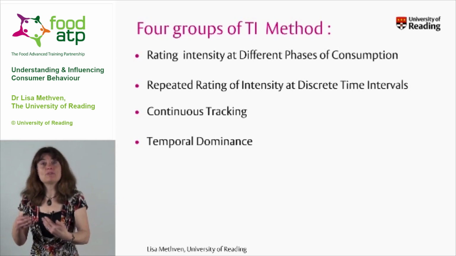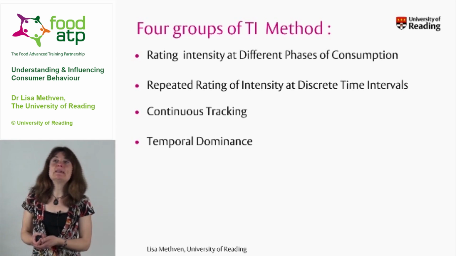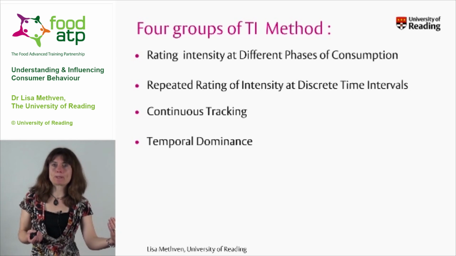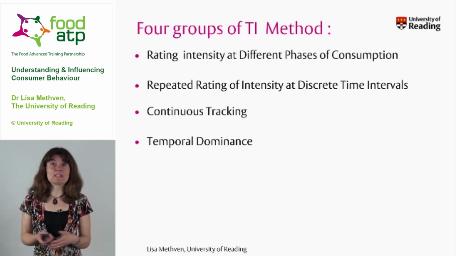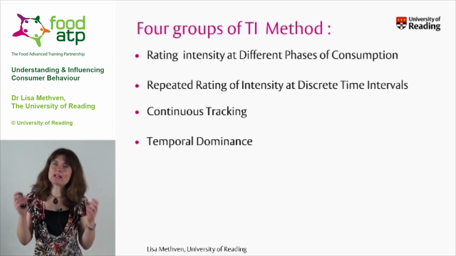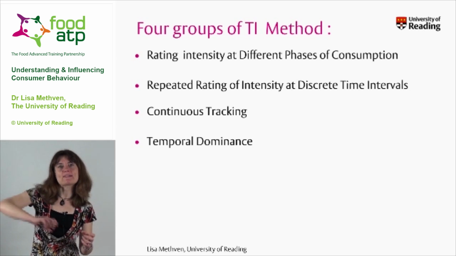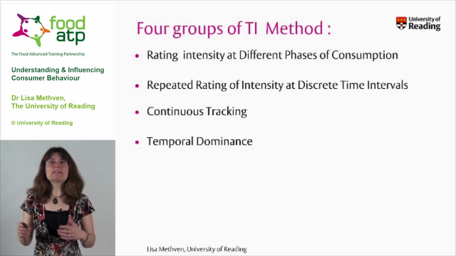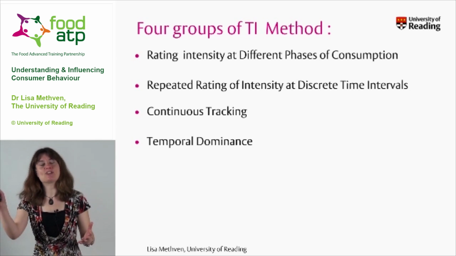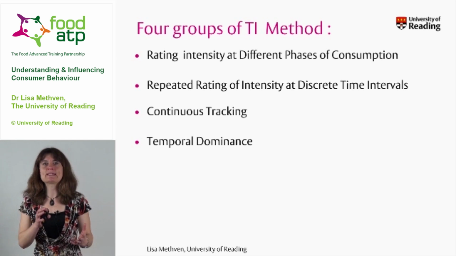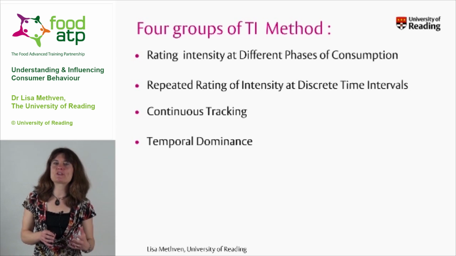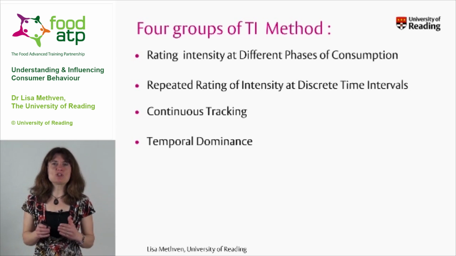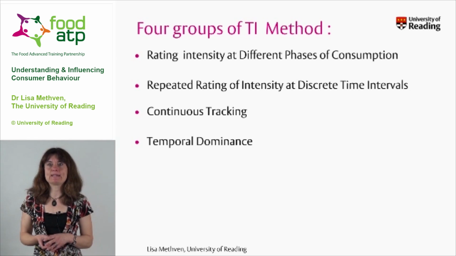So take a sip, rate, take another sip, rate again, and then see how the profile of the product builds up. Or you can move to continuous tracking. This is where you get the assessor to continuously track the increase and decrease in a particular attribute. The advantage of that is, of course, that you've got a full picture of what's happened. The disadvantage is it's quite difficult for assessors to do, and you can only really do a maximum of 2 attributes at the same time with that technique.